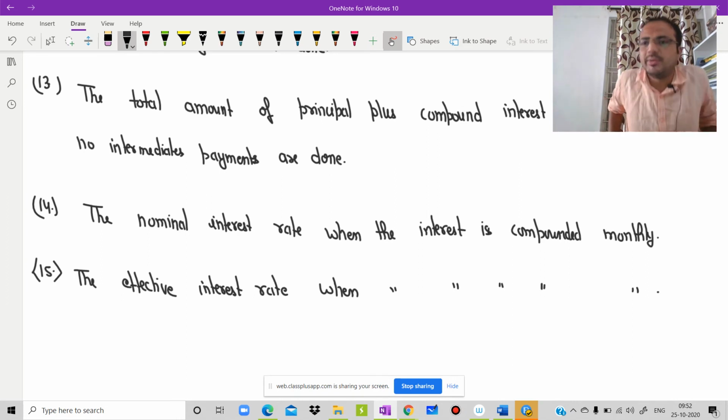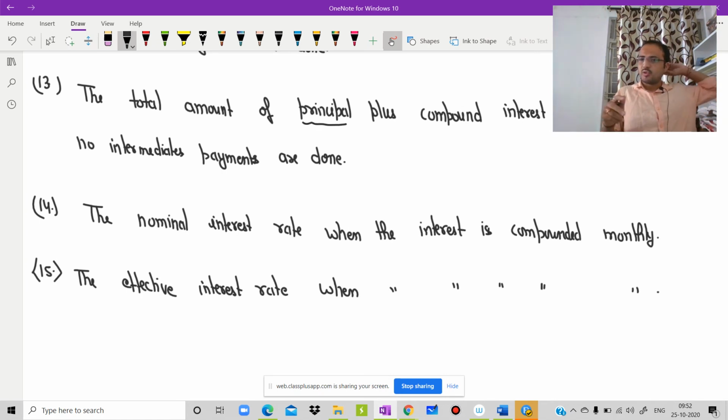I need correct answers from each and every student, and you have 3.5 minutes to solve this question. And we have only this one principle.